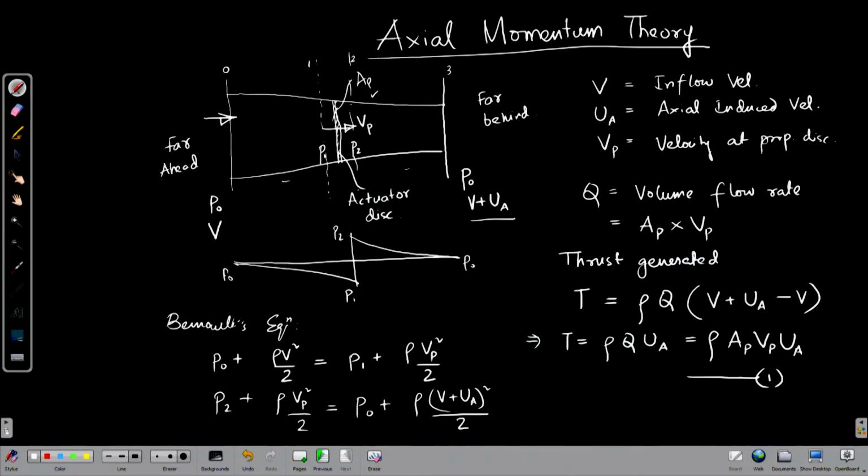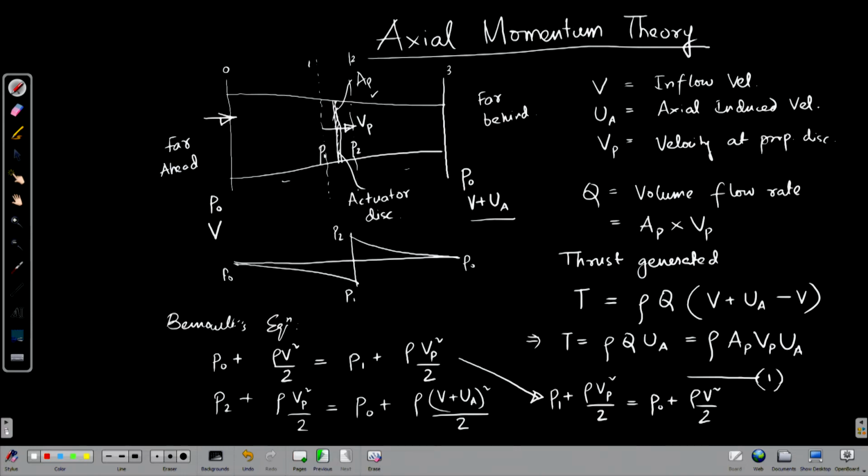We can write the first equation by exchanging the terms on the left and right hand side: P1 plus rho Vp square by 2 equals P0 plus rho V square by 2.